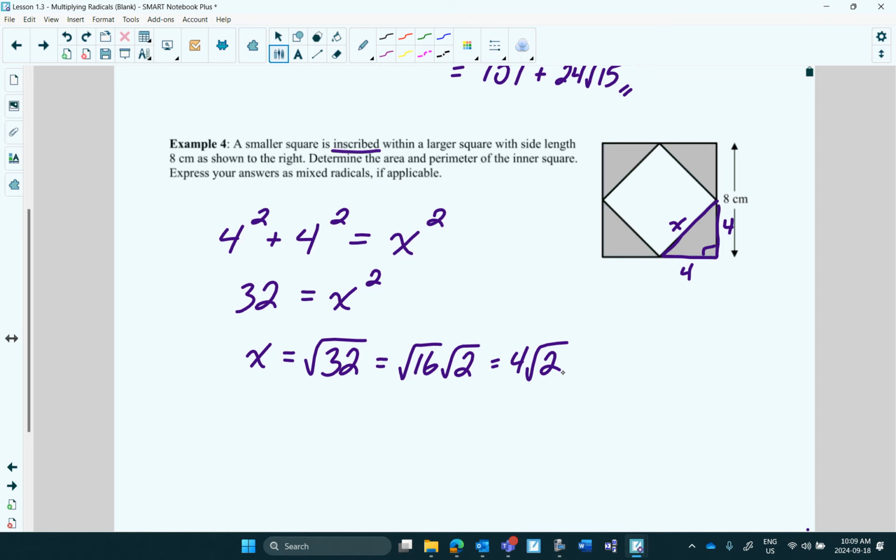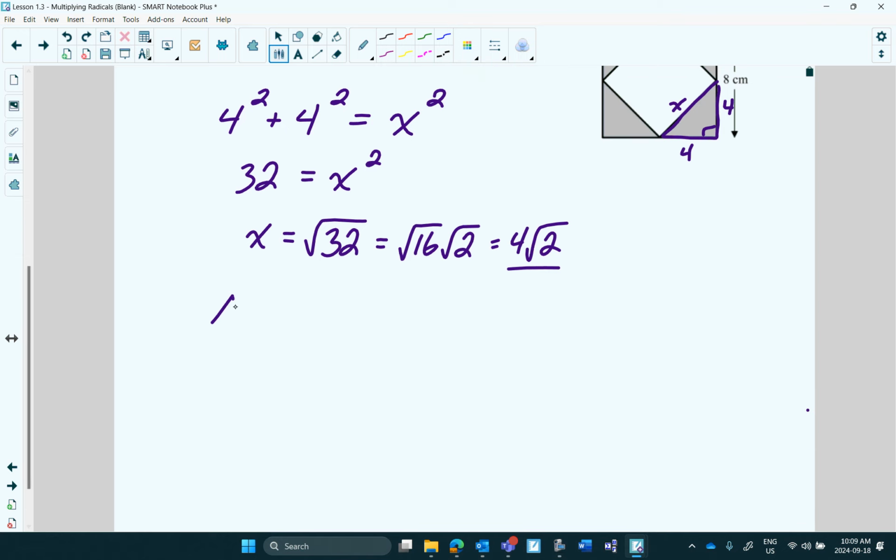So now you use this to find your area and perimeter. Your area of a square is this times itself. So 4 root 2 times 4 root 2. 4 times 4 is 16. Root 2 times root 2 is root 4. This is the same as 2, so 2 times 16 is 32.